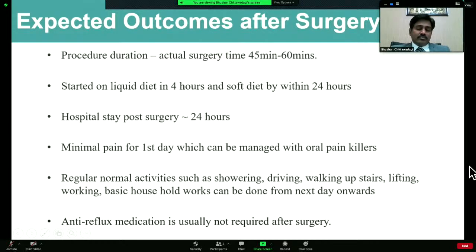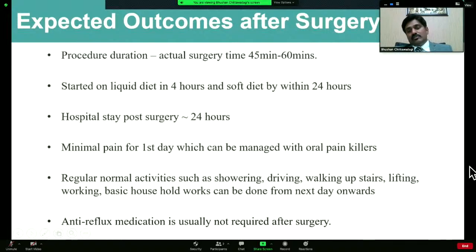Hospital stay is almost 24 hours: you have surgery today morning, and the next day morning you will be sent home. Since it is done entirely by what I'll call a no-scar surgery, the pain is going to be very minimal. It is present only for the first day or maybe the first 2 to 3 days, and can definitely be managed with painkillers.